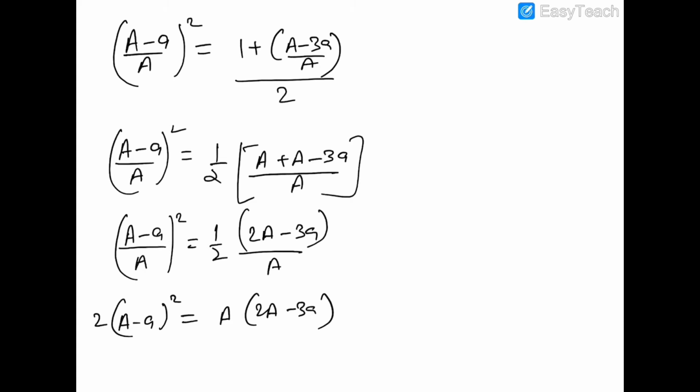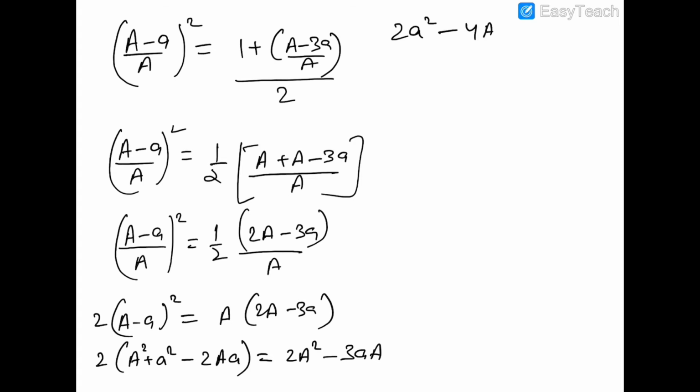So opening this square, this is A square plus a square minus 2Aa is equal to 2A square minus 3Aa. So cancelling this 2A square with 2A square, it would be 2a square minus 4Aa is equal to minus 3Aa.